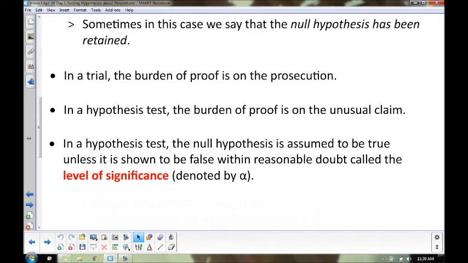What is that point? Where would your reasonable doubt come into play? Well, statistics is so much better than a jury because we actually get to set that balancing point when somebody goes from innocent to not innocent, from guilty to not guilty. And that level of significance is always denoted by a little alpha.